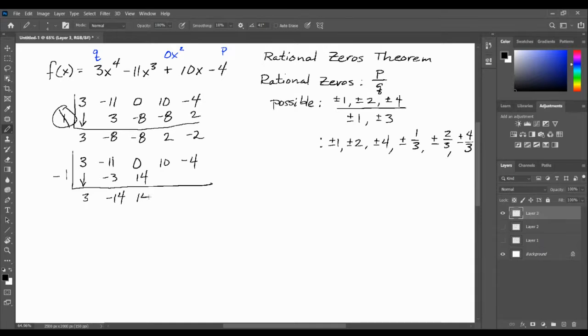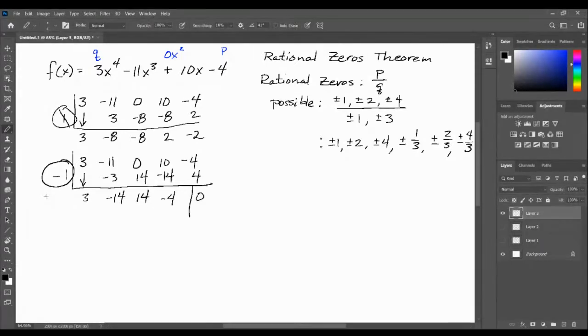Plus 0 is 14. Times -1 is -14. I'm feeling pretty good about this because -14 plus 10 is -4, which I want to be pretty darn close to. -4 times -1 is a positive 4, plus -4 is 0. So we found one of our zeros. -1 is a 0 here. So I'm feeling pretty good about that.